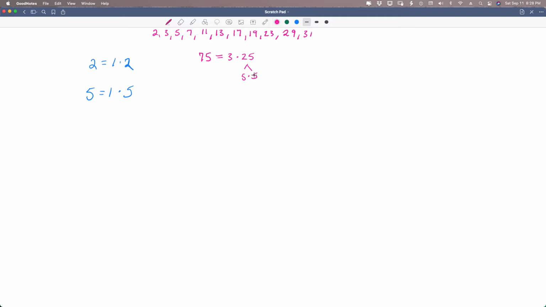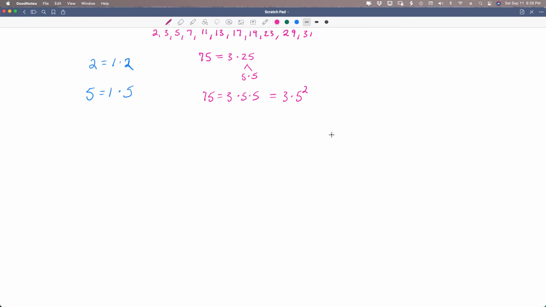These are prime numbers. So therefore, that's as far as I can go because I have no other numbers to divide out. So the prime factorization of 75 is 3 times 5 times 5. And you could also write that as 3 times 5 squared because we use 2 5s in our prime factorization.